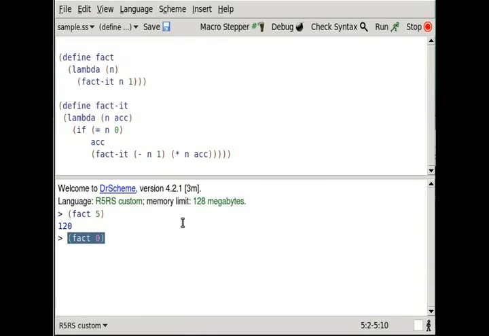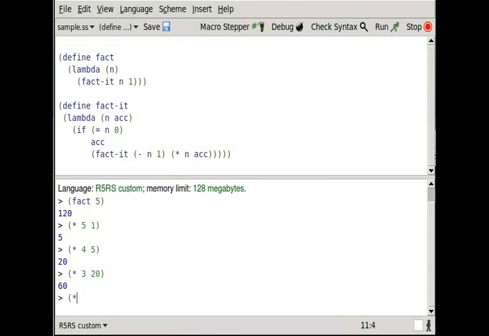So instead of the normal way, 5 factorial being times 5 times 4 times 3, this way it's times 5 and 1, and once that gets done, that will equal the accumulator of 5, and then you multiply that times 4, and then you multiply that times 3, and then you multiply that times 2, and you get your answer in the accumulator.